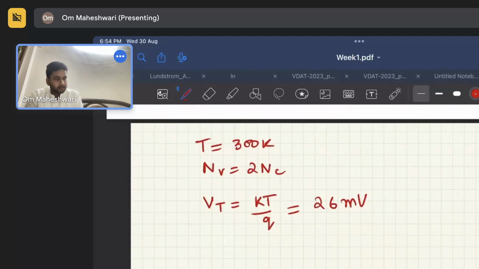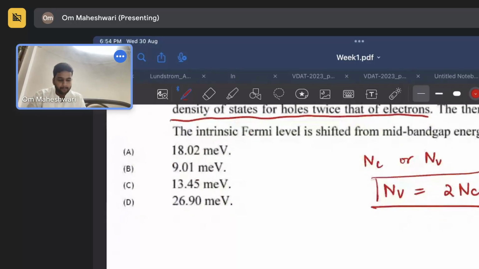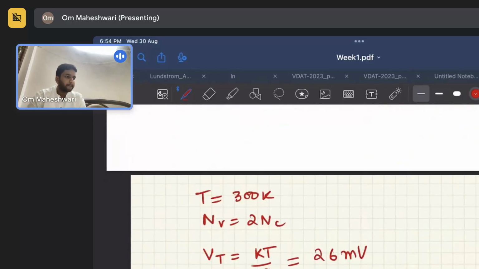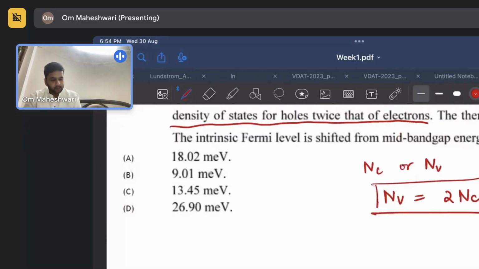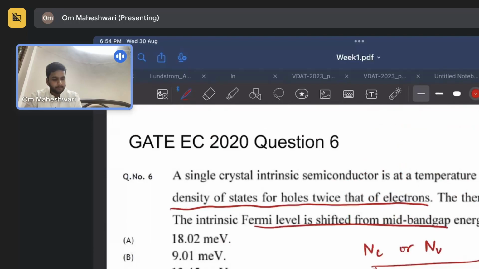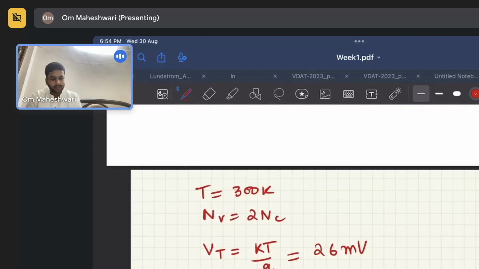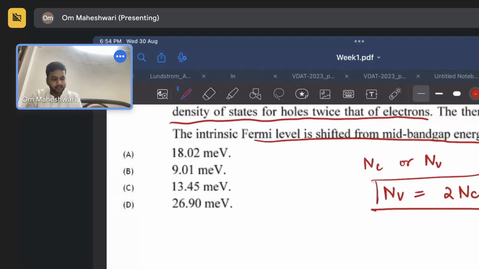We use EF equals EI minus KT by 2 ln NC by NV. This is the relation that we will use. Basically, what it is asking me, Fermi level shifted from the mid band gap energy level. Mid band gap energy level is EI. So basically it is asking us EF minus EI is what, right?